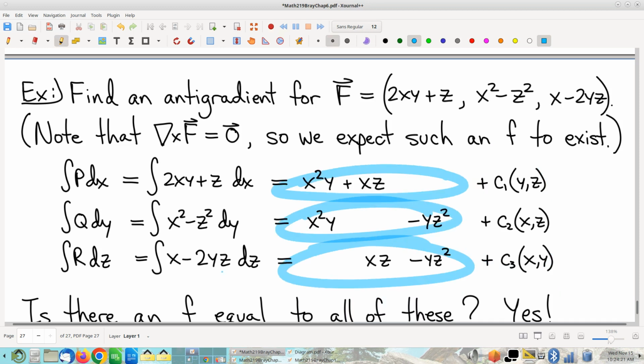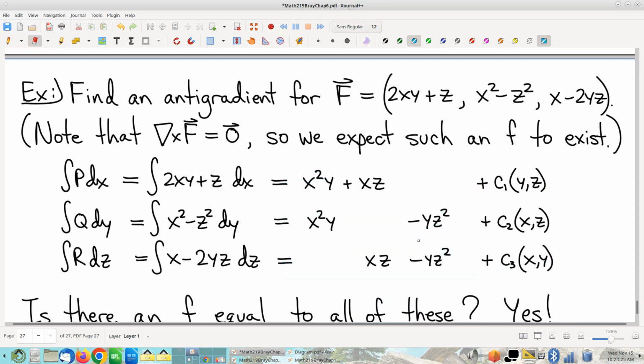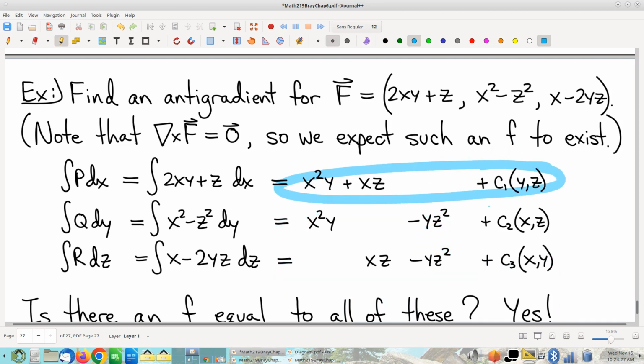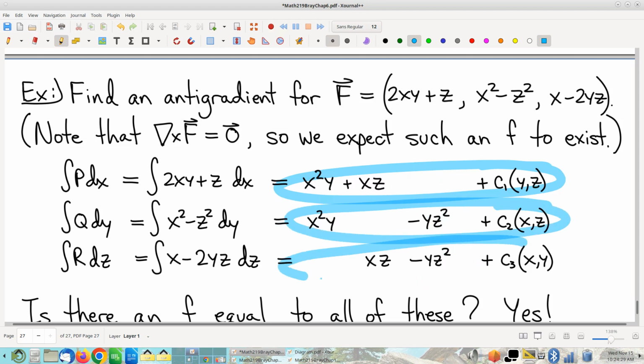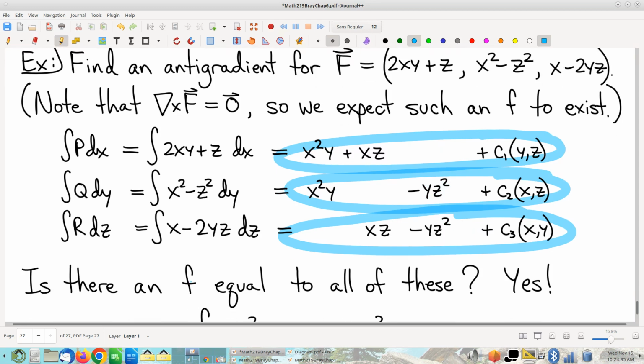They're obviously not. But that's not the question. The question is, can you make appropriate choices of C1, C2, and C3 that'll make these three things all equal to each other? And if so, then F will be whatever those three things are.